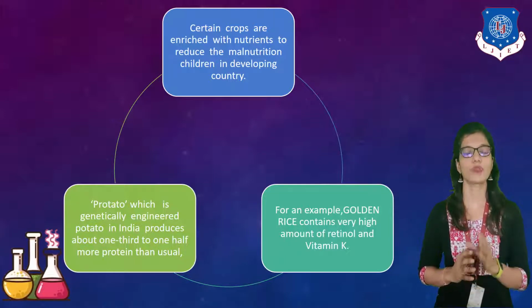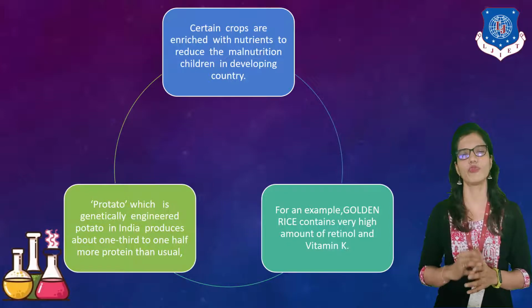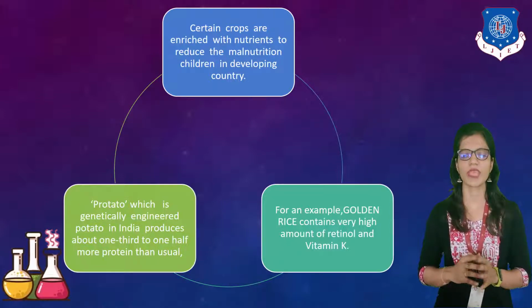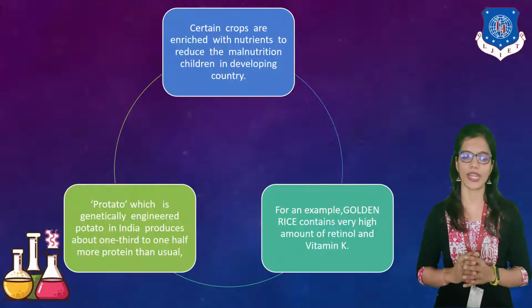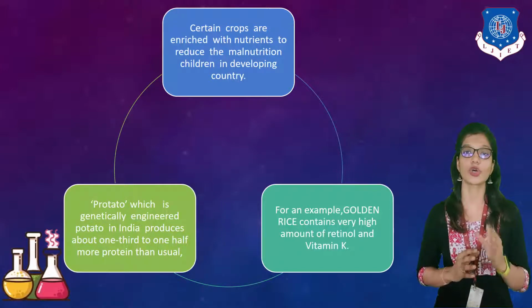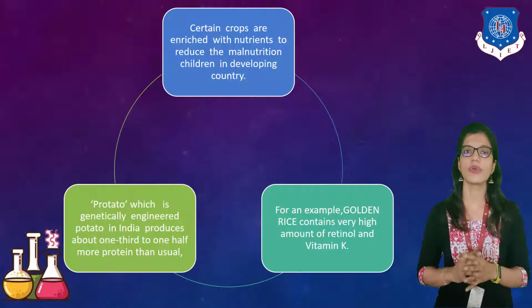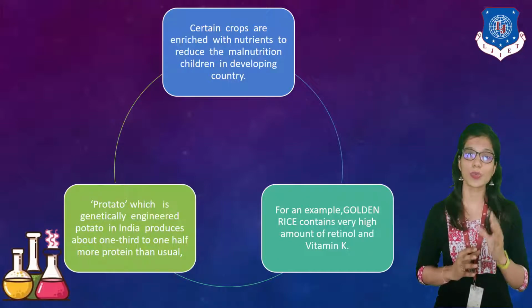So if they get proper nutrition from their food, then this condition can be improved. Okay, let's take an example of it. Golden rice is developed. What do you mean by this golden rice? Golden rice contains a very high amount of retinol and vitamin K, which is very important for the growth of a child, right? Similarly, the second example is potato.